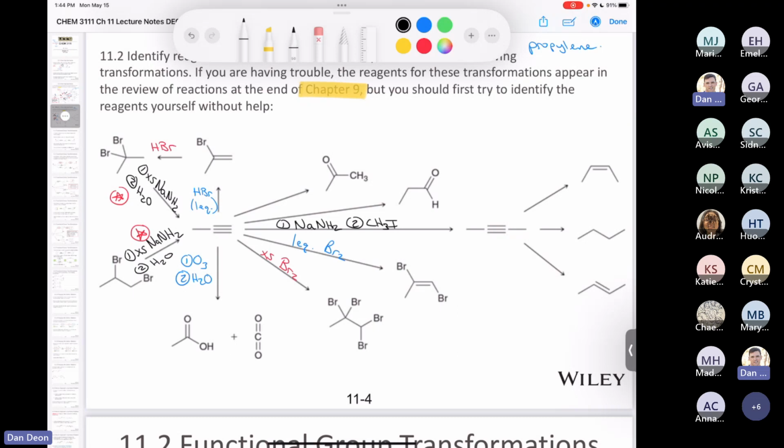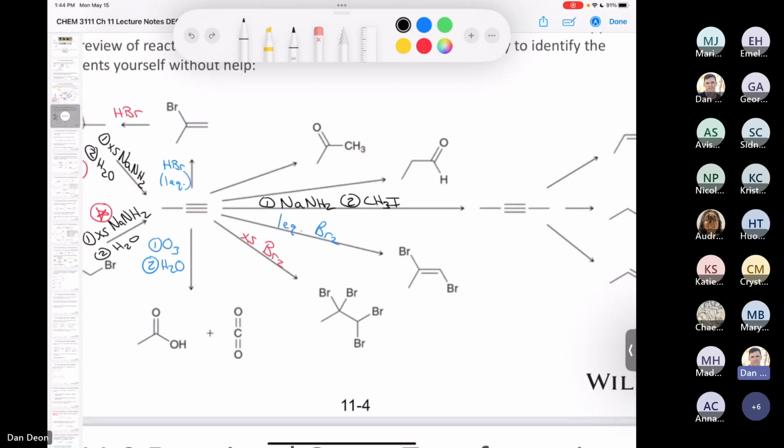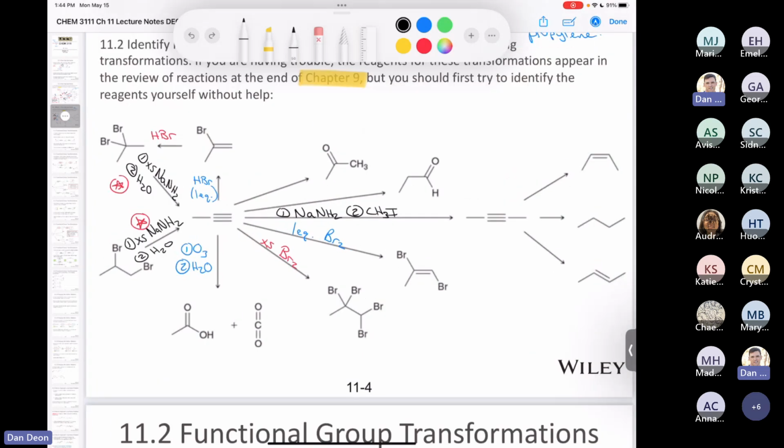And so if we want to reduce that alkyne completely down to the alkane, we would just use hydrogen and palladium, platinum, or nickel. What if I want to reduce it to the trans alkene? Anybody could help me with that one? If I want to make the trans alkene from the alkyne.